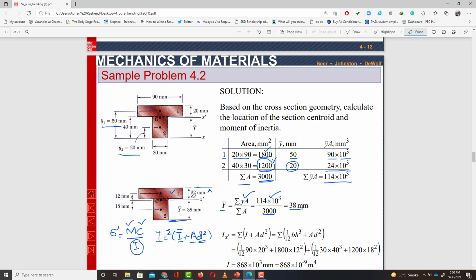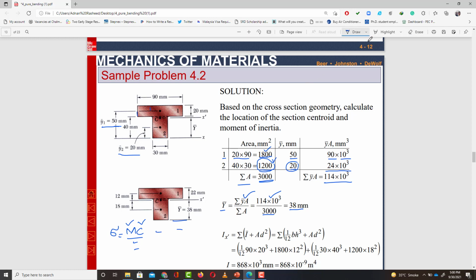So up till now we have calculated the distance of the centroidal axis from the base, which comes out to be 38. Now we will find the moment of inertia I. So there are two members.